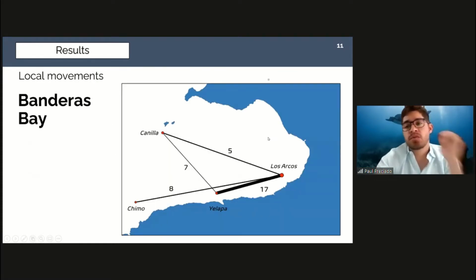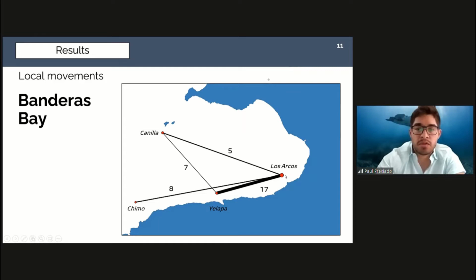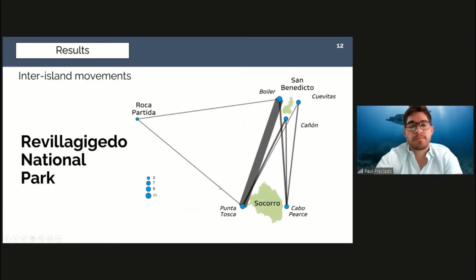As for the results on local movements, we found that mantas prefer moving in the southern part of Banderas Bay, mainly at Los Arcos and Yelapa. In Revillagigedo National Park, we also found movements around the islands, but we also found movements of the manta rays between the islands, specifically more between Socorro Island and San Benedicto Island.